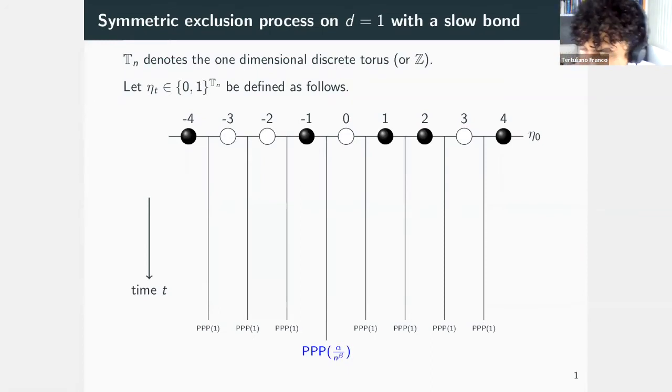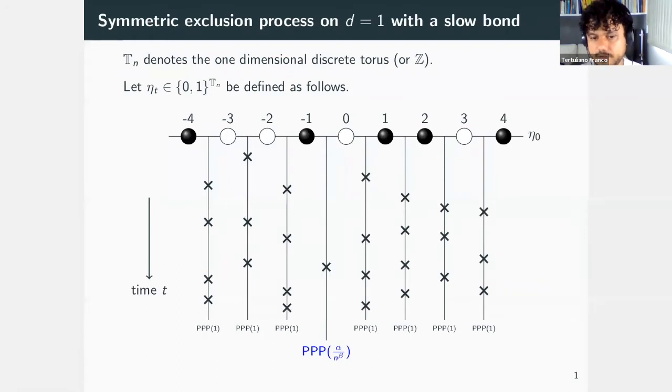So as n increases, this parameter goes to 0. It means that this Poisson point process has fewer marks than the others, so on average it has much fewer marks.